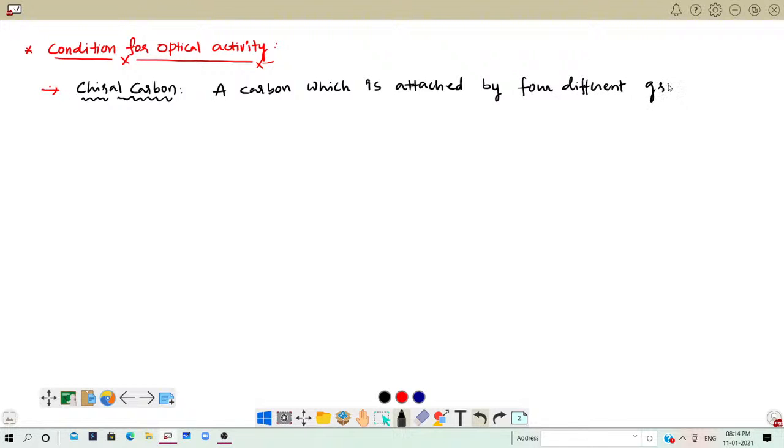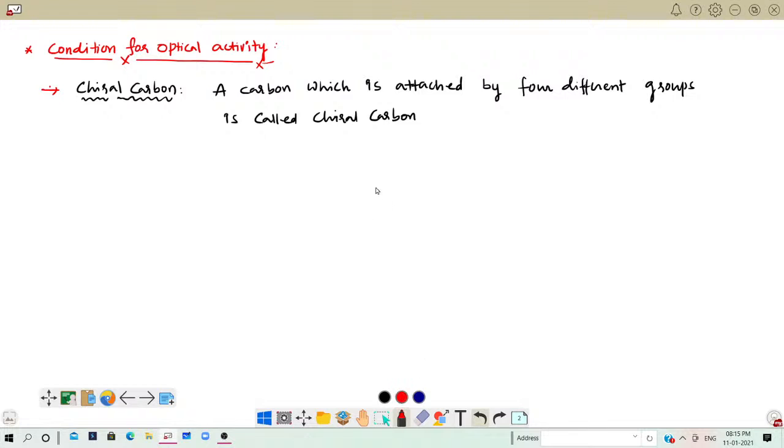Carbon attached by four different groups is said to be chiral carbon.